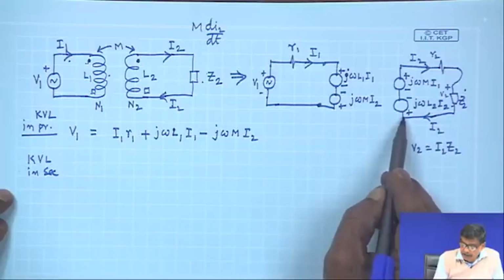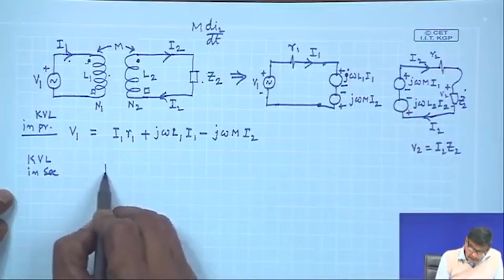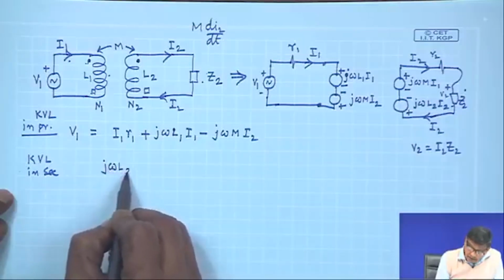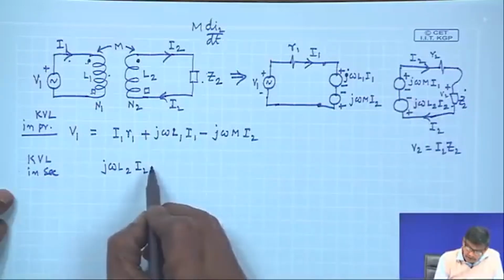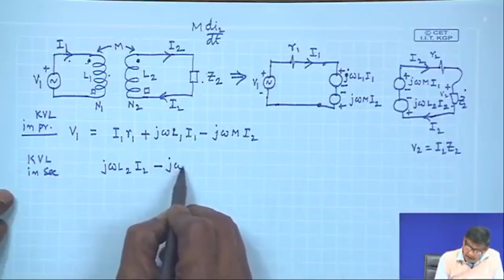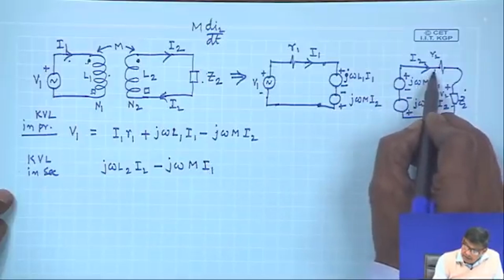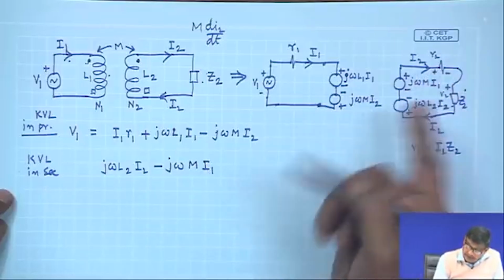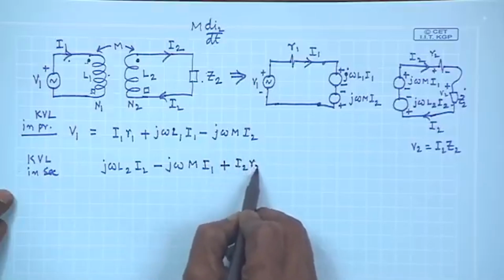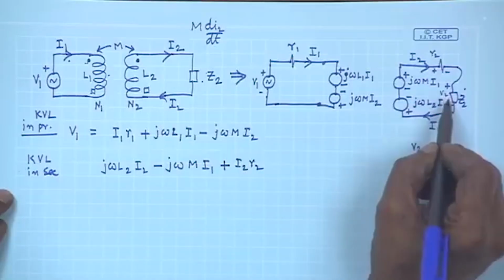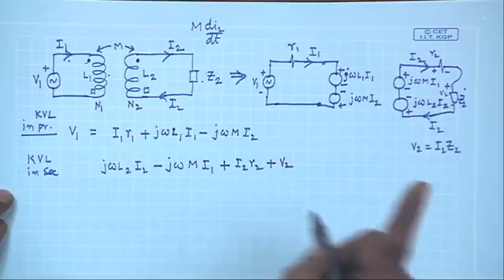Suppose from plus to minus, this voltage is j omega L 2 I 2, so plus to minus I am writing plus. Then I must write j omega M I 1, and this drop is also plus to minus, so I am writing plus I 2 R 2, and this plus to minus. So once again V 2, is that correct?